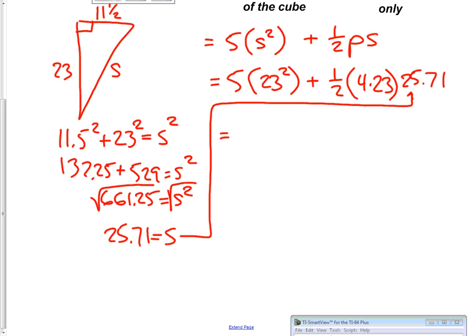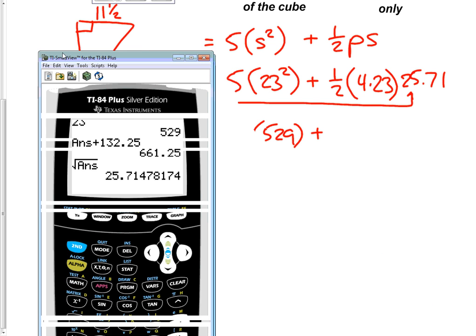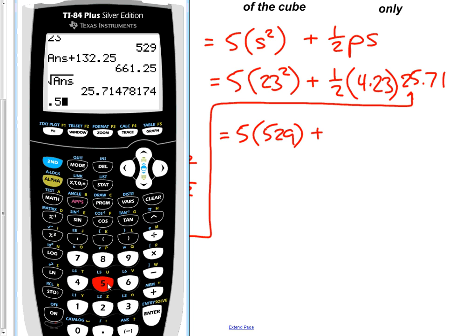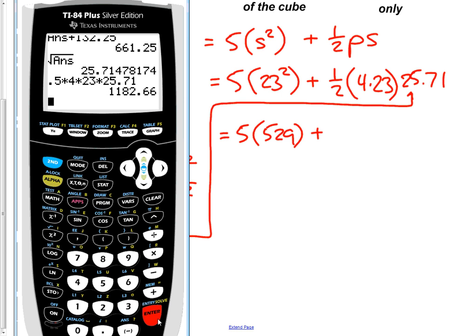From here, it's just cleaning up the math. We've already seen that 23 squared was 529, but if you didn't catch that or remember it, you could always calculate it again. And then let's see what this number is over on the right. We've got 1/2 times 4 times 23 times 25.71, which is 1182.66.